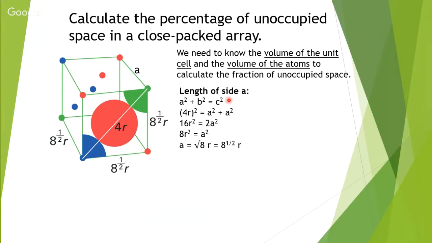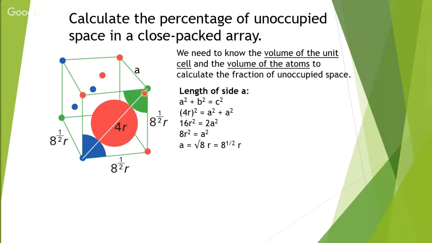The radius of each of our atoms we'll call R, and across the face, where we have a face-centered cubic structure, we have this blue atom here. We have all the way across this red atom, so that's twice the radius of the atom.